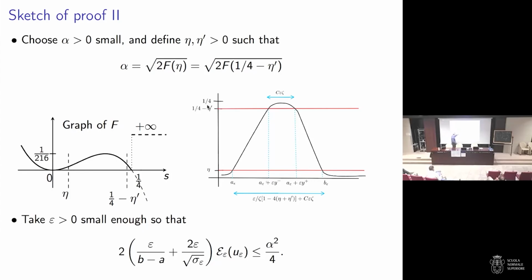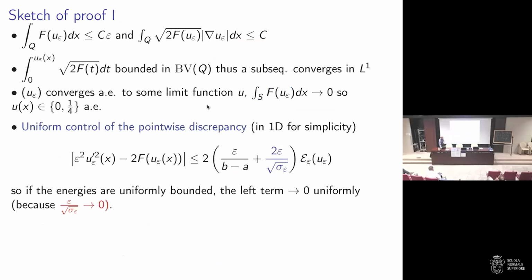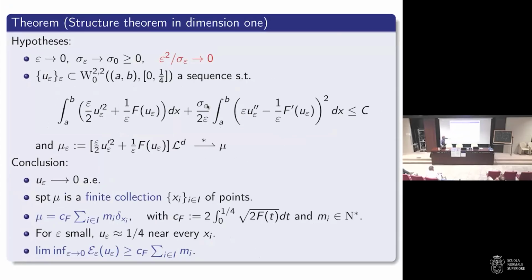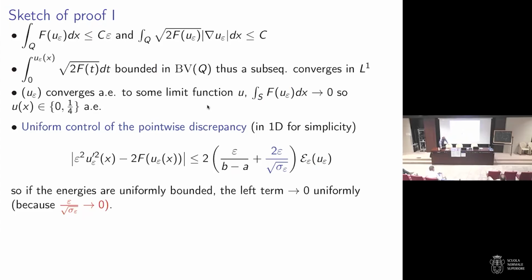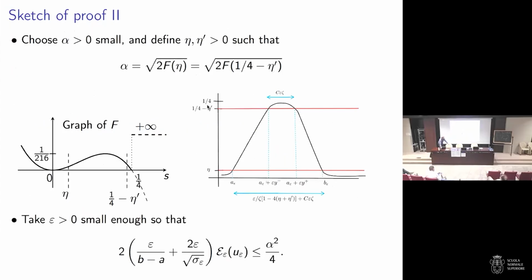Here, because the derivative of f is non-zero, you can't stay very much close to 1/4, because you're penalizing this term here. Let me show it again. If this is small, going to 0, and this is non-zero, this is very small, so you're penalizing that.